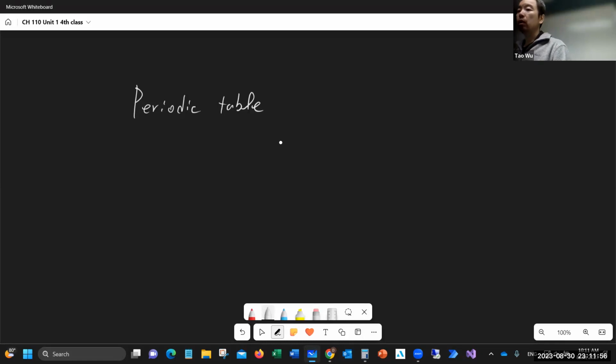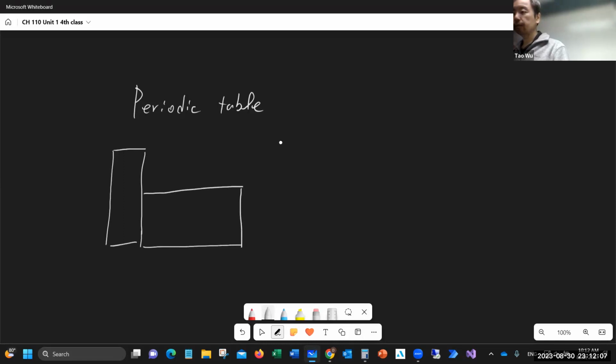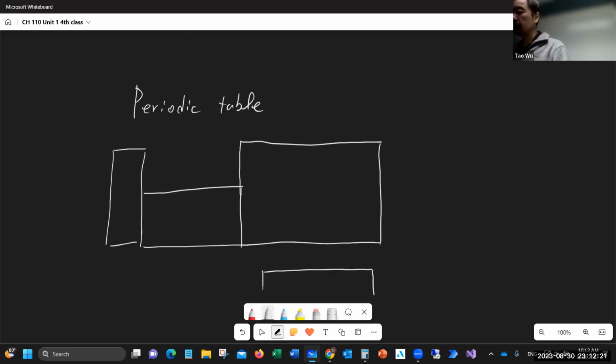So the periodic table generally looks something like that, and there are another two rows of the periodic table shown over there. So it's generally like this.